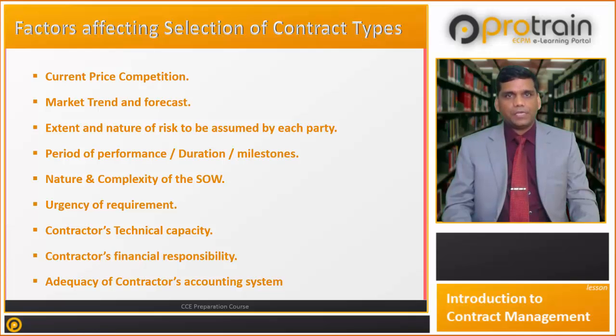Factors affecting selection of contract types are current price competition, market trend and forecast, extent and nature of risk to be assumed by each party, period of performance, duration, milestones, nature and complexity of the scope of work, urgency of requirement, contractor's technical capacity, contractor's financial responsibility, and adequacy of contractor's accounting system.